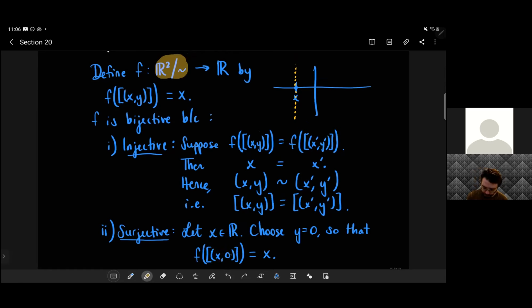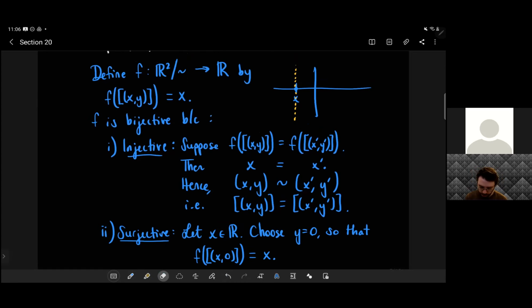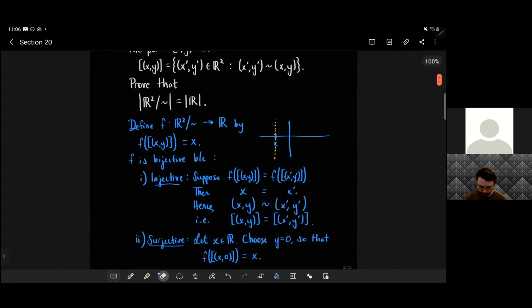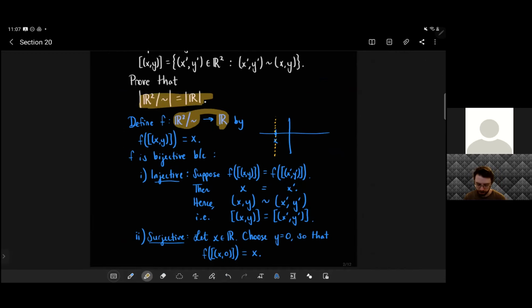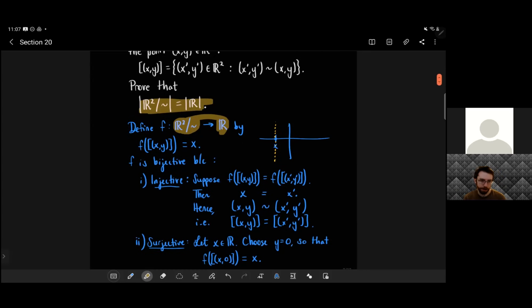And like I said, the 0 doesn't matter here. You could pick literally any number you want. All right, so that shows there's a bijection between these two sets, which means they have the same cardinality. I kind of ran out of room, but make sure you write that conclusion at the end of your proof if something like this pops up on the final.